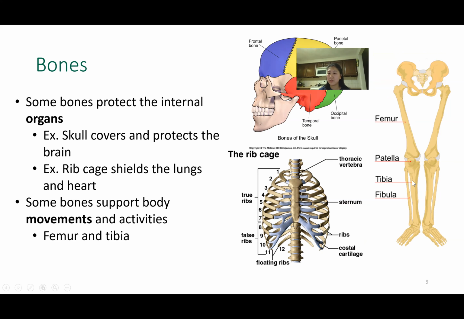And the tibia is a large bone in your shin, you can call it the shin bone. And the fibula is a supportive, smaller bone. So the femur and tibia really make up the structure of your leg as you move around. They support your activity and movement as you run and skip.